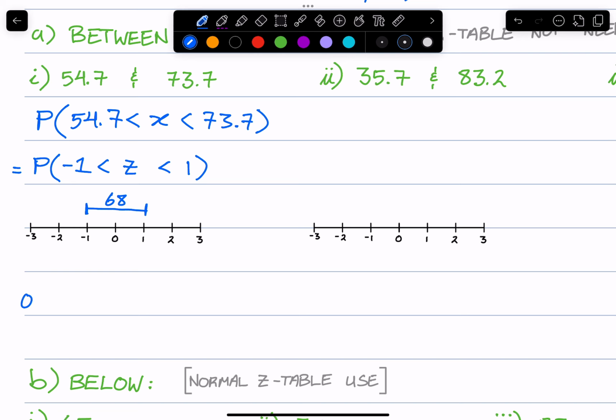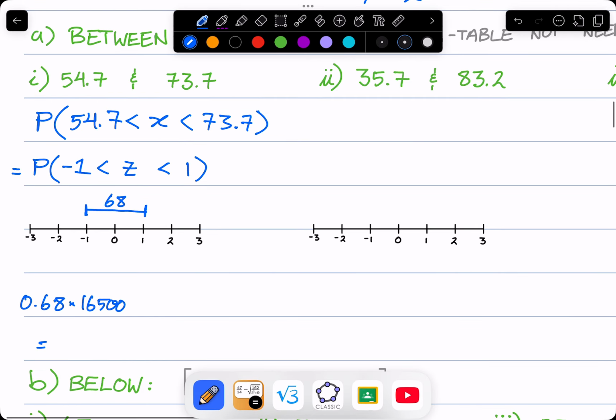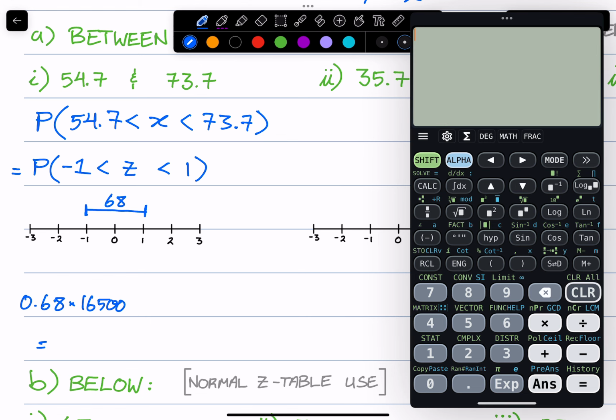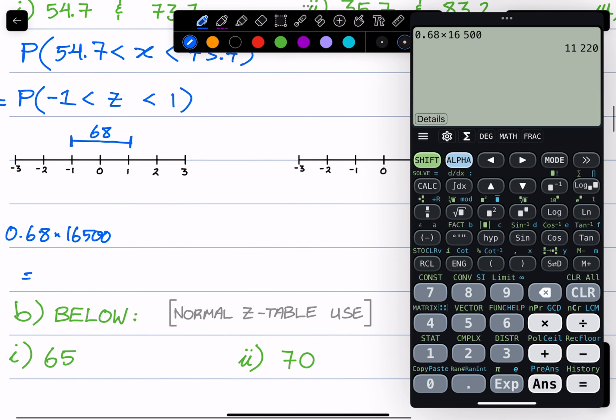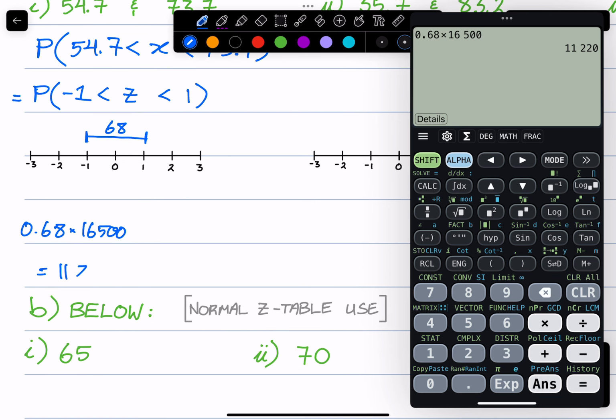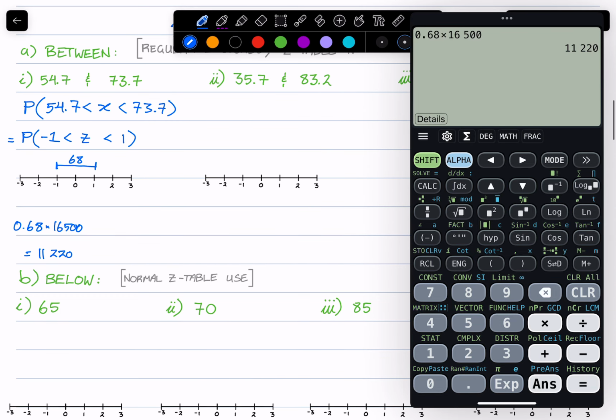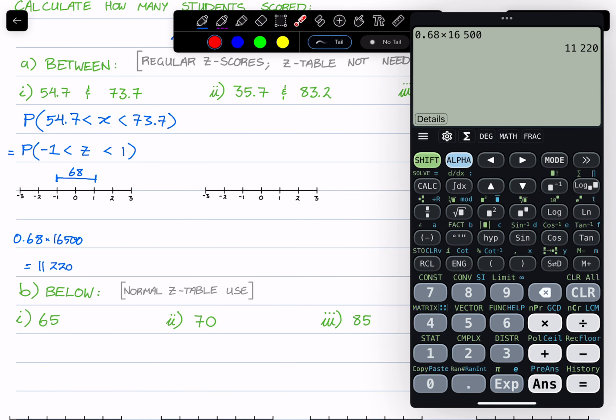So this is simply 0.68 times 16,500. Easy multiplication from here, we get 11,220 students. So 11,220 students had a Z-score between -1 and 1, or we could say this many students scored between 54.7 and 73.7.